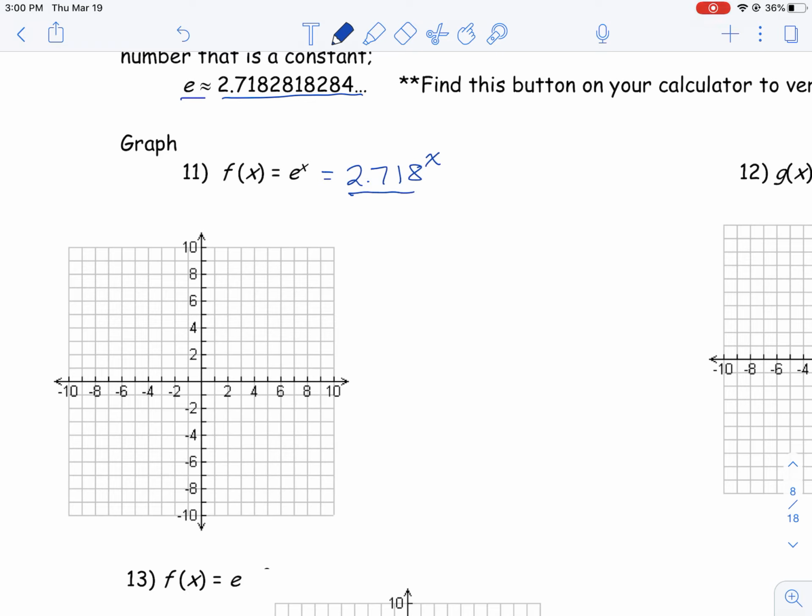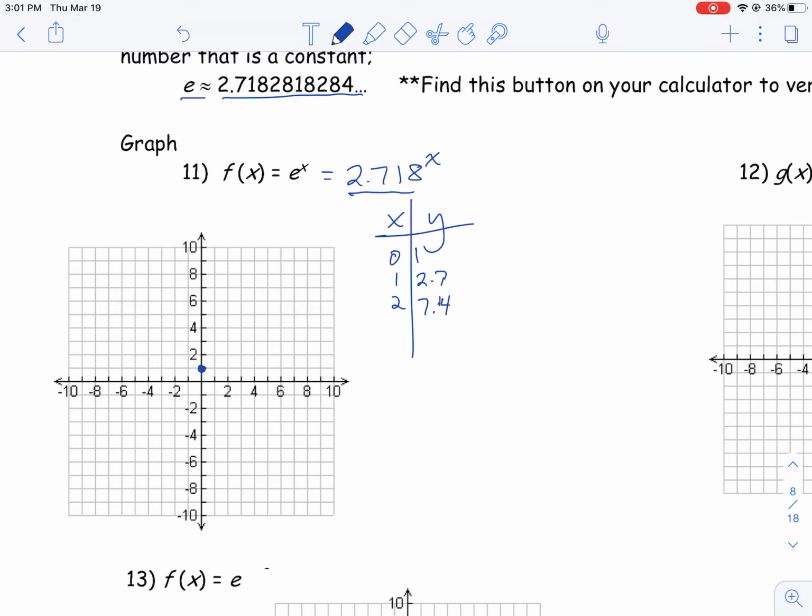There's no transformation, so again, if we would make an XY table, I'm going to kind of shorten it up a little bit: 0, 1, and 2. Anything to the 0 power is, hopefully you said 1. 2.718 to the first power is just going to be 2.718, and e to the second power is going to be about 7.4.